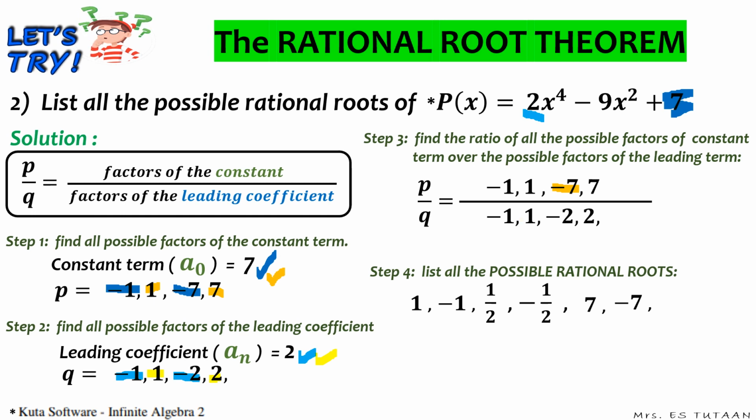Next, negative 7 divided by negative 2, that will give us positive 7 over 2. And then, last pair for negative 7, we have negative 7 divided by positive 2. That will give us negative 7 over 2. Okay na?